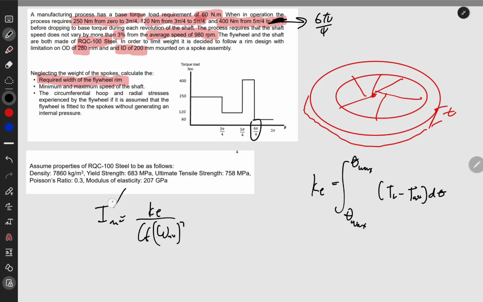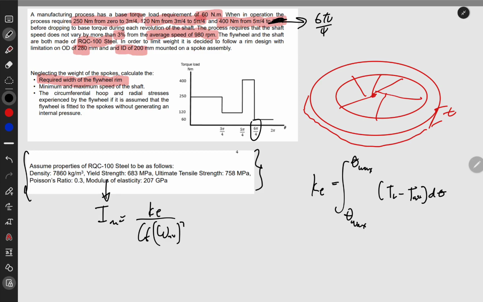And from here you know that our inertia has all the dimension properties. So if they ask anything about dimensions, that is our goal. We want to get that one, and this one will get us diameters, thickness, radius, depending on the question. They also gave us some material properties for our flywheel. We'll see how we use that in a minute.